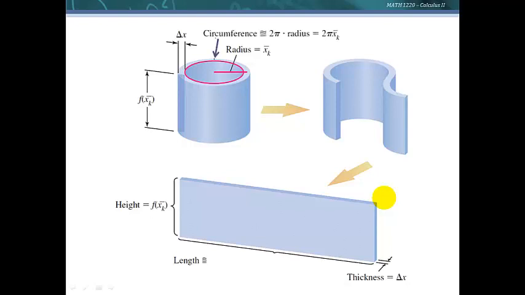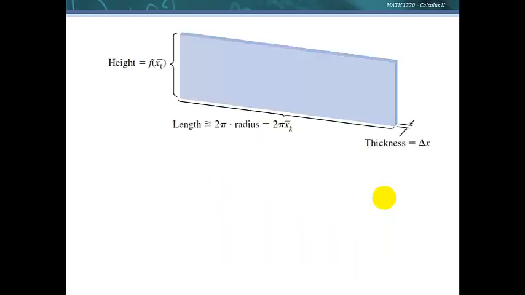So the length here is that circumference, 2 pi x bar sub k. We could find this volume by simply multiplying length times width times height, or in this case height, length and thickness. And then we could sum all of these up to get an approximation for the volume.